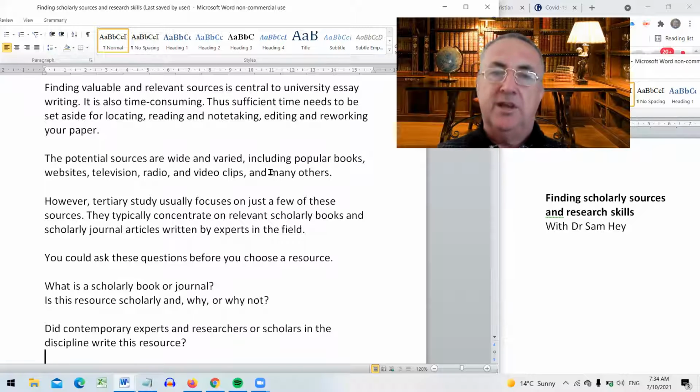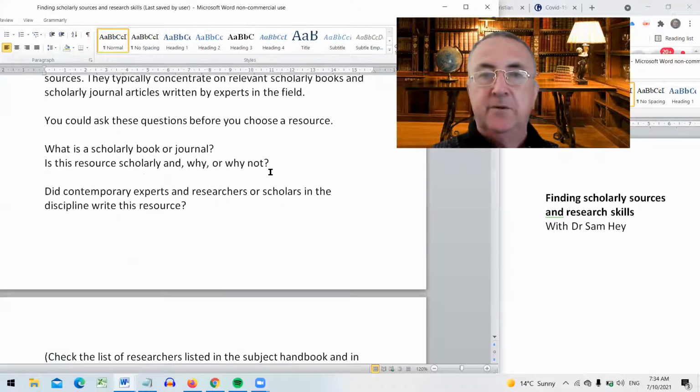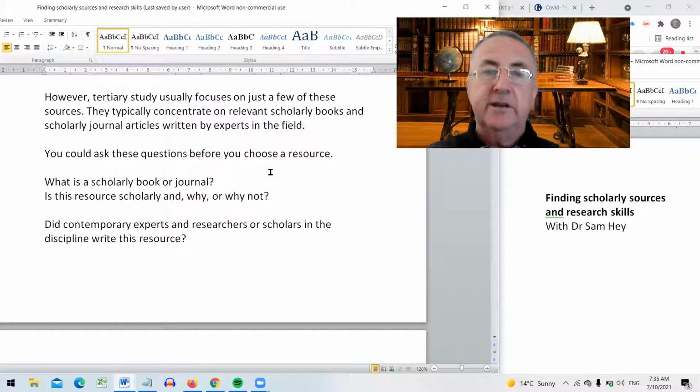But in tertiary study, we usually focus on two main sources. These are scholarly books that are relevant to your subject and scholarly journal articles that are written by experts in the field. And that's because the scholarly approach is quite different to popular writing, where people are just wanting to briefly communicate their ideas and to gather sales.